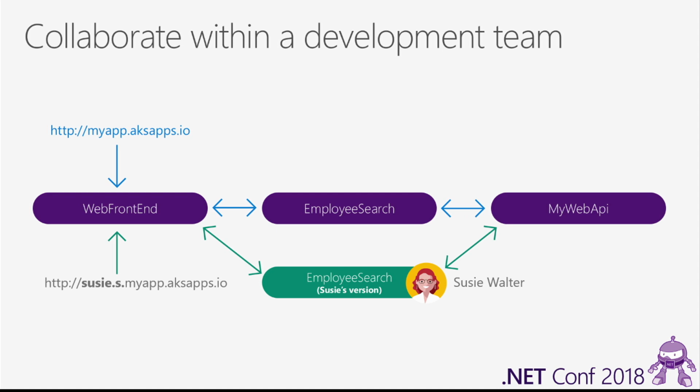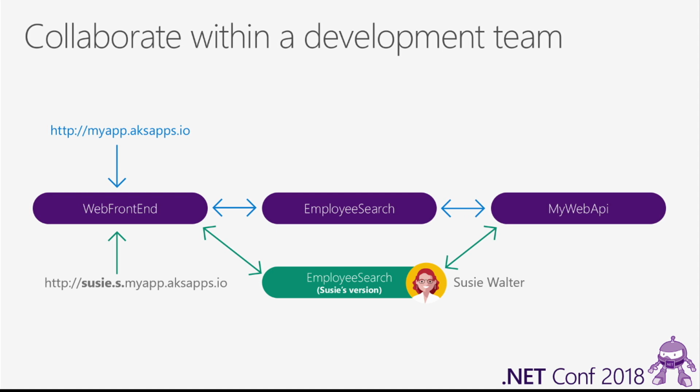If I'm working on that Web Front End service and I have some updates to Web Front End, and I put those in the team space, then again, Susie will automatically see those updates. She doesn't have to rebuild my version of Web Front End or anything like that.